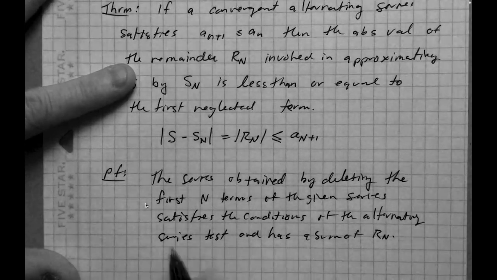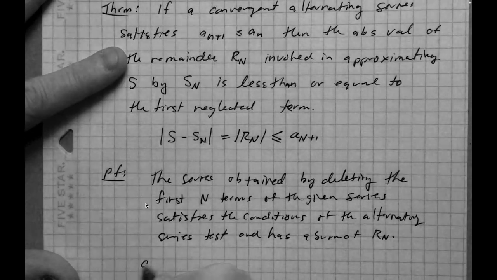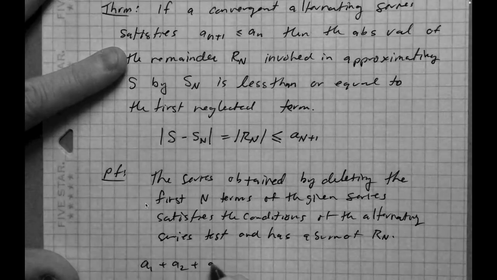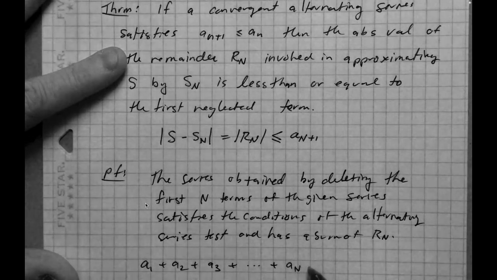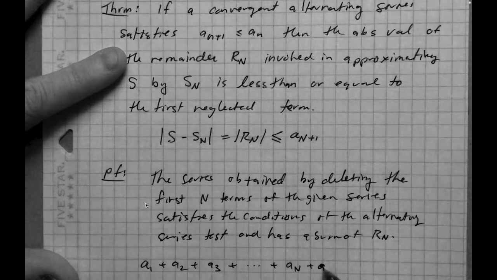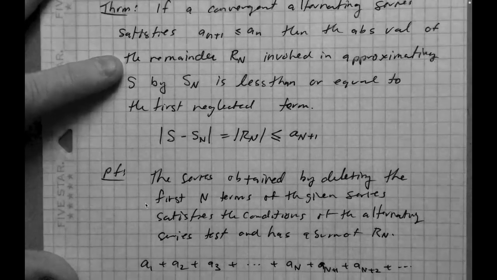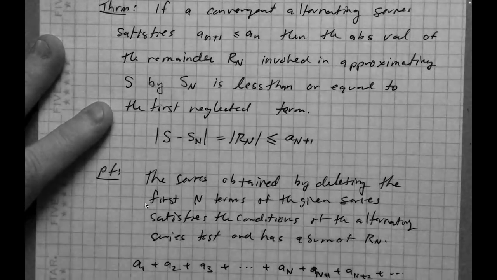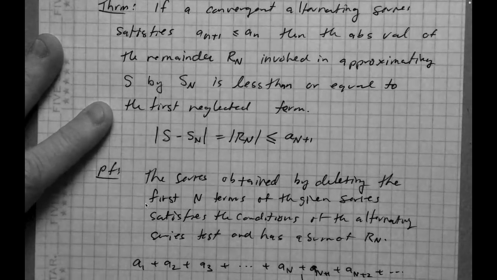Right, so if I've got the sum, I've got a1 plus a2 plus a3 plus dot dot dot plus a of big N plus a of big N plus 1 plus a of big N plus 2 plus dot dot dot, right? So the series obtained by deleting the first n terms is basically everything over here.